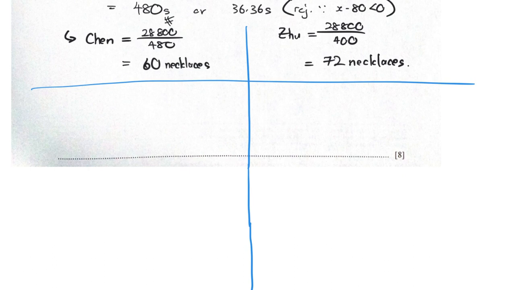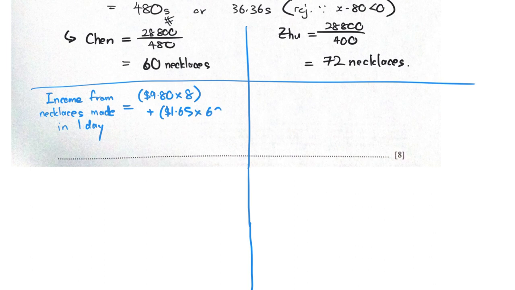So income from necklaces is the same rate made in only 1 day, which we have seen in the question, is the basic rate of 9.80 times 8 hours worked, plus $1.65 times 60, because 60 necklaces made, $1.65 per necklace.